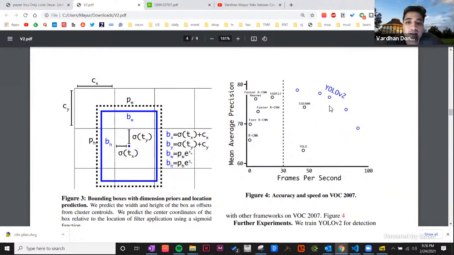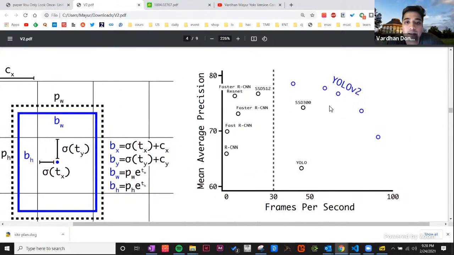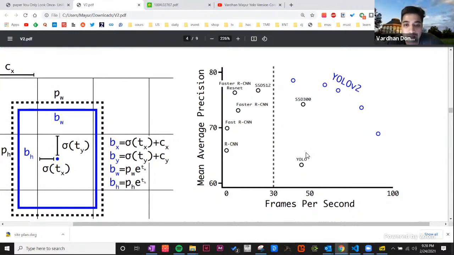So you see here where YOLO is compared to other networks. YOLO is between 60 and 70 at around 47, 48 frames per second. YOLO V2 is all the blue dots that you see. As the frames increase, the accuracy is decreasing.